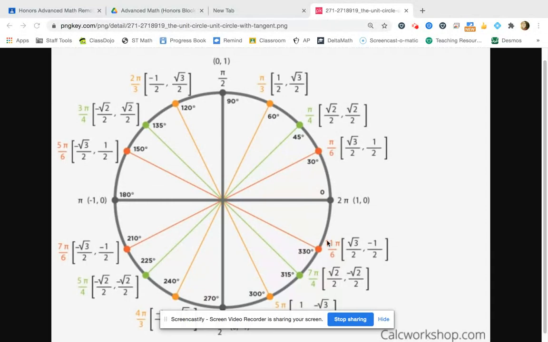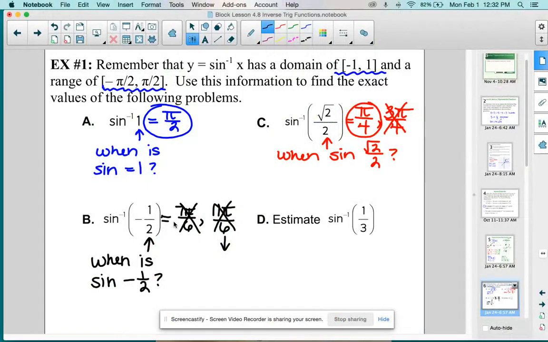So for example, 11 pi by 6 is the same as negative pi by 6 because it's the same location, okay? So this is where it gets real tricky. You have to think about whether your answers fit in the interval, and if they do not, can you rewrite them in a way that it's still representative of the same location, right? But it fits in this interval, because negative pi by 6 does fit between these values.